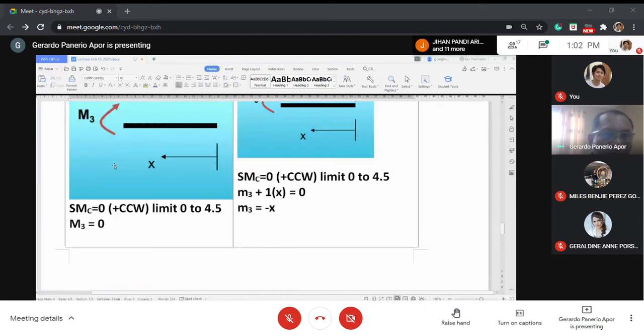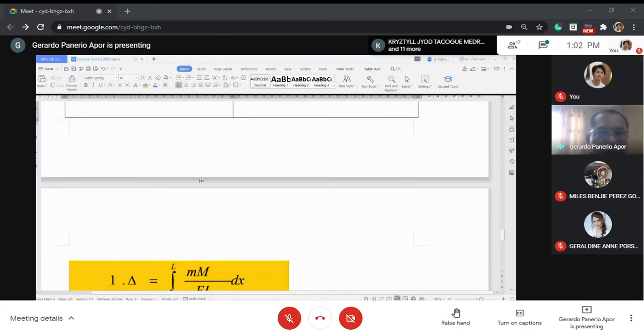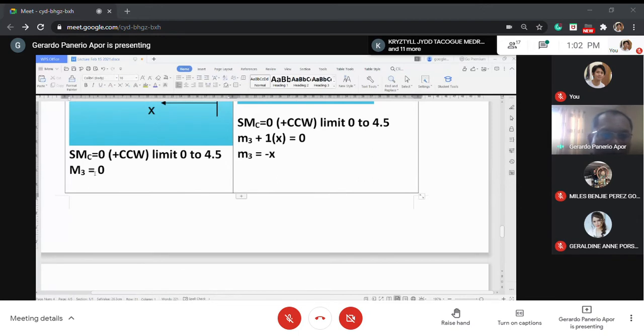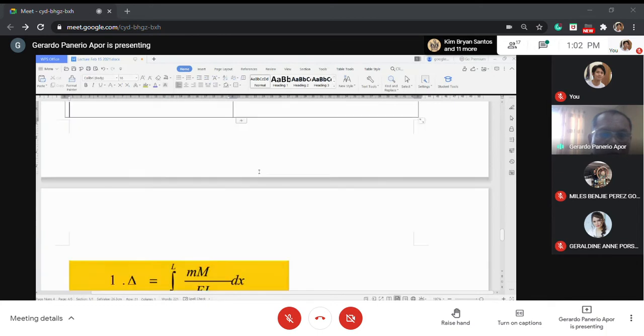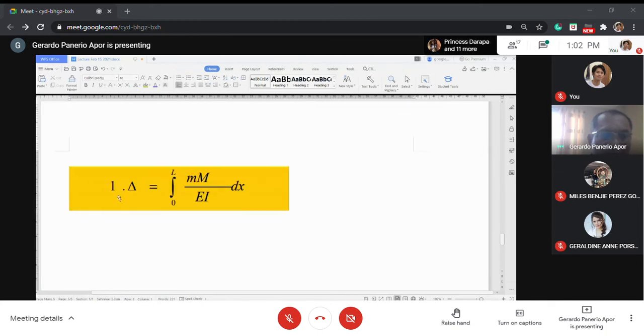Whatever the magnitude of the other factor, it will be multiplied by 0, so it will become 0. So instead of three terms, it will become two terms only, because the last term containing the subscript 3 is 0.